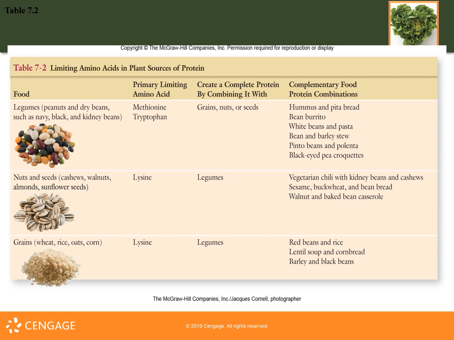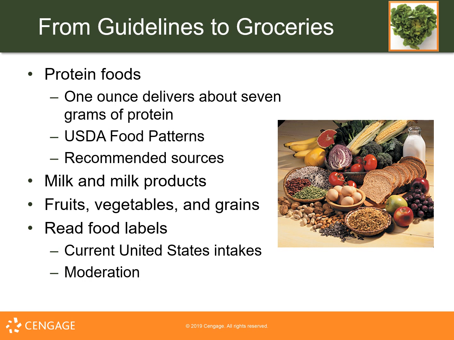And lastly, some guidelines for groceries. So some guidelines that you can incorporate into your life. Protein foods, I want you to know, serving size wise, 1 ounce delivers about 7 grams of protein. The United States Department of Agriculture Food Patterns recommends that you have some meatless meals sometimes, and that we all need more plant proteins such as beans and legumes, nuts and seeds in our diets.